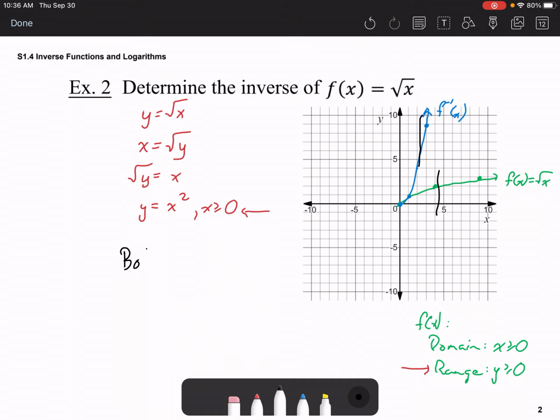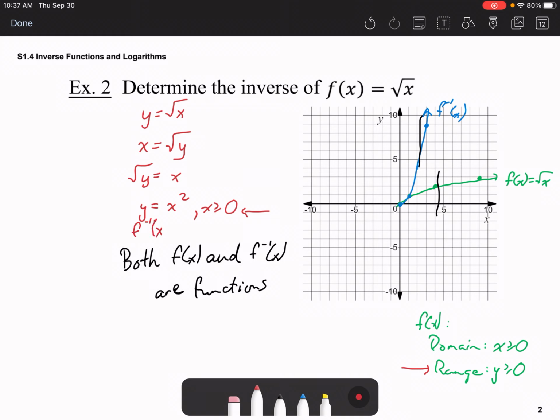So both f of x in this case and f inverse of x are functions, where f inverse of x just turns out to be x squared, where x is greater than or equal to 0 specifically.